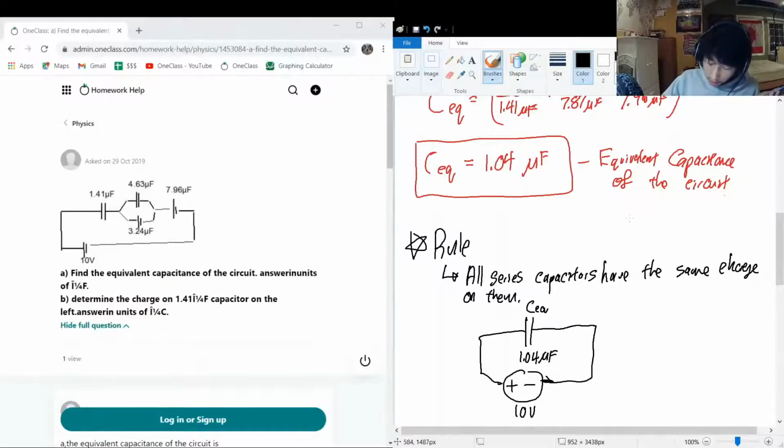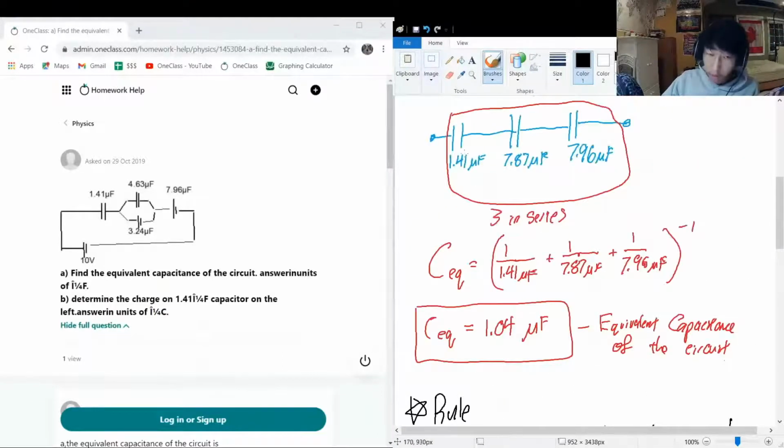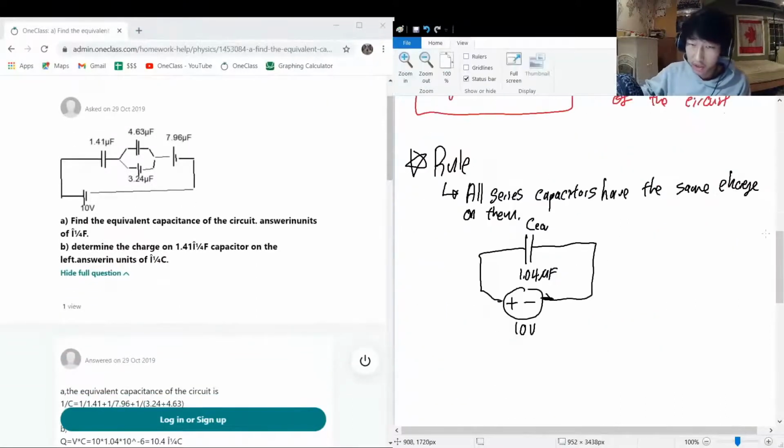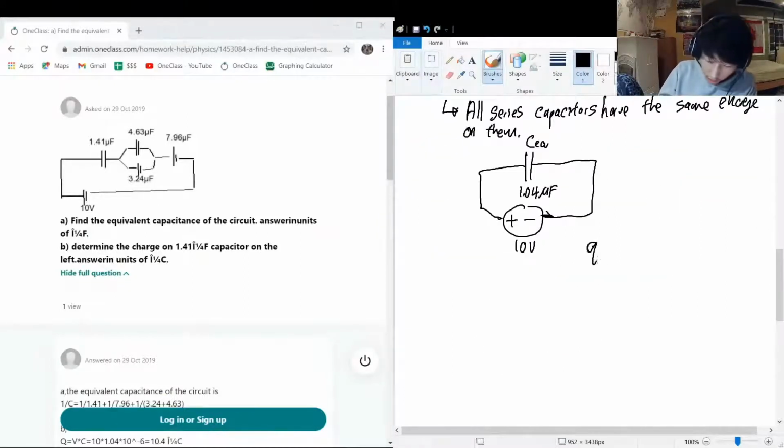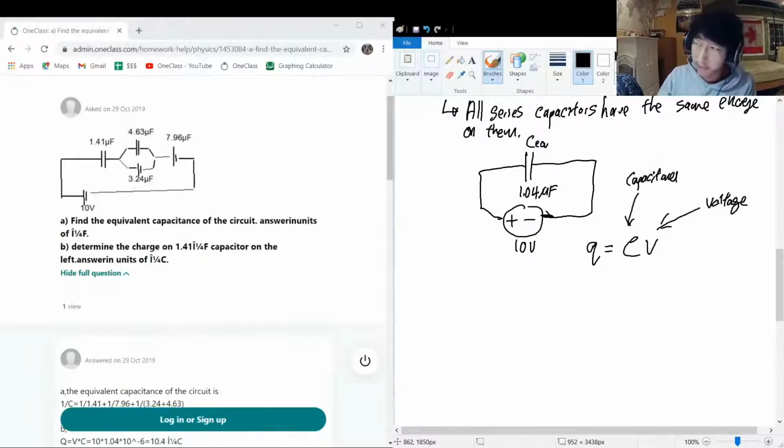We know that the 1.41 is in series with all the other ones. So if we find the charge for the equivalent capacitance of all of them, one of the series components that originally made it up has to have the same charge on it. The capacitor equation of interest is Q equals CV, capacitance times voltage.